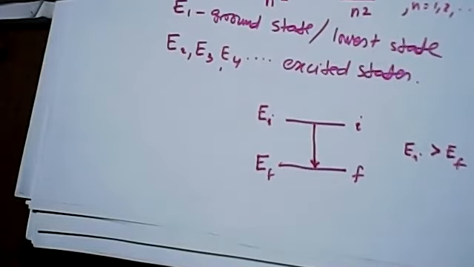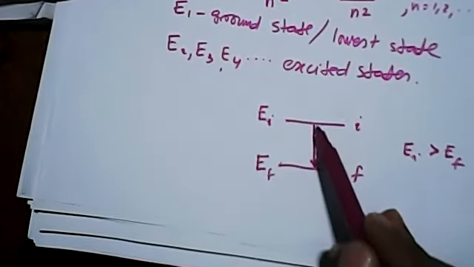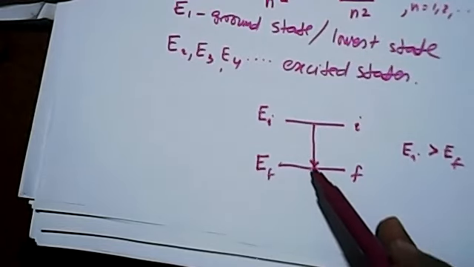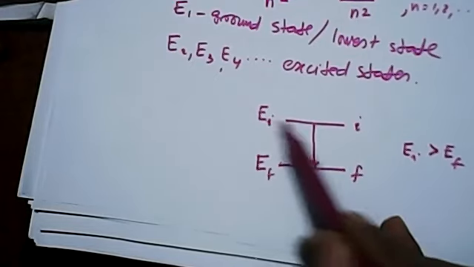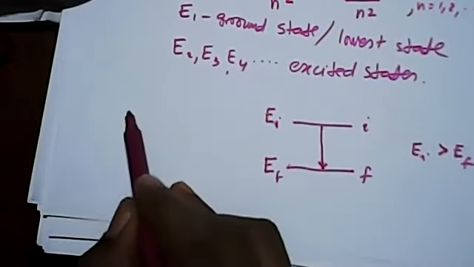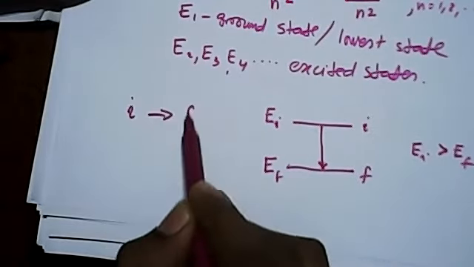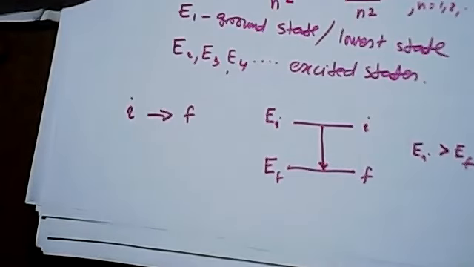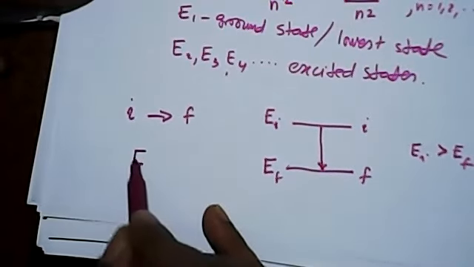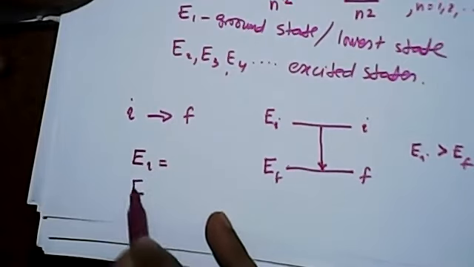But normally for atoms, we are more interested in emission. Absorption becomes also important in the case of some molecules, like that. In the case of atoms, we are more interested in the emission spectra. Okay. So suppose the electron jumps from I to F. So the transition is from I to F, initial state to final state. Okay. Now, what is EI and what is EF?